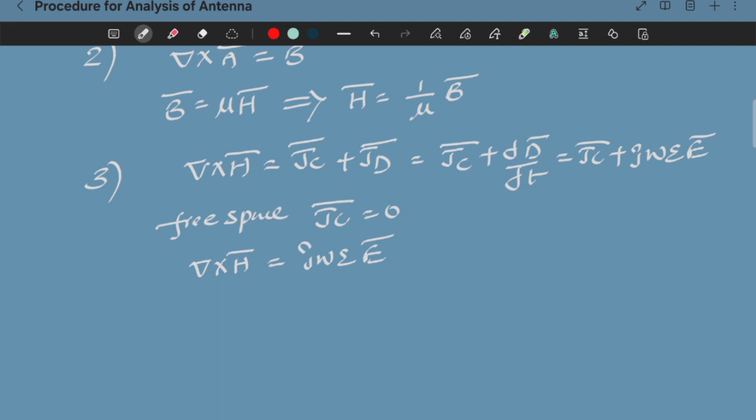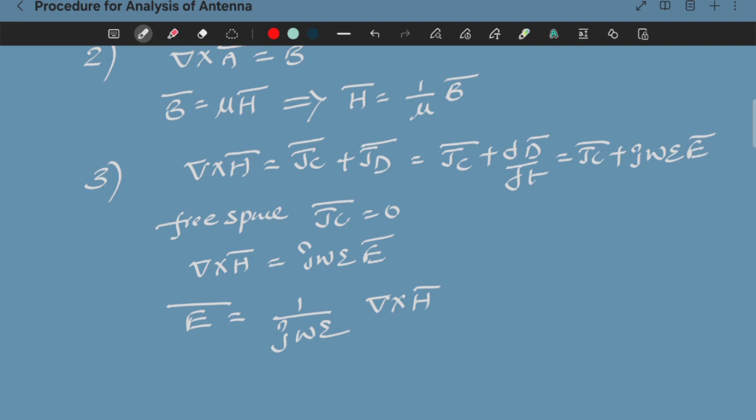Now already in the step 2 you got H bar. So in step 3 you perform the cross product, the curl operation on the H bar, then that is equal to j omega epsilon into E bar. So to have E bar, just you need to divide del cross H bar with j omega epsilon. So we get E bar.